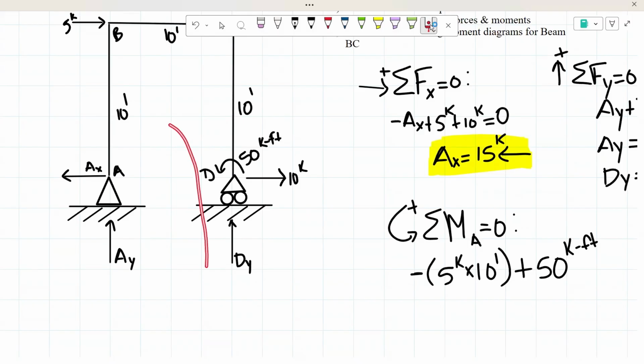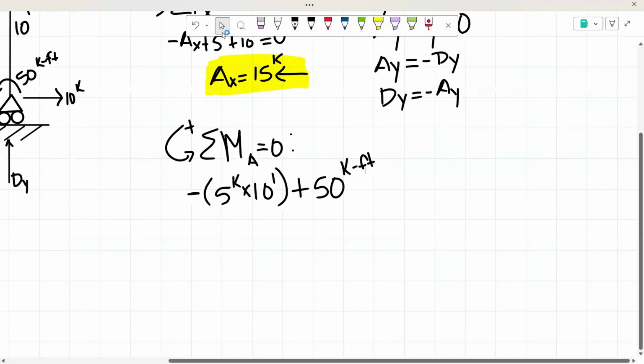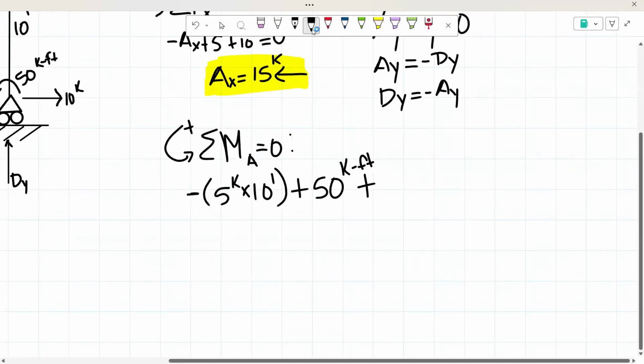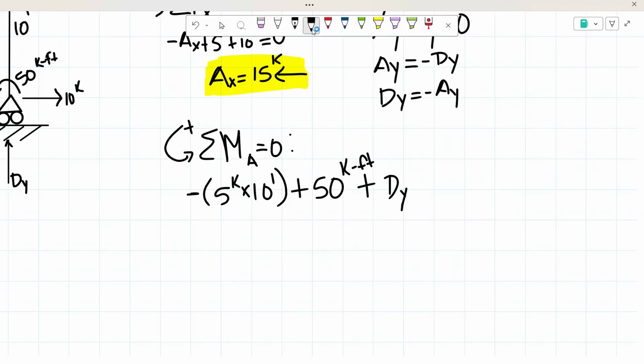Since it is going upwards, we know that that's going to be creating a counterclockwise moment. So that means it's going to be positive. So positive D sub y times the 10 feet. And we know that all of that has to equal 0.